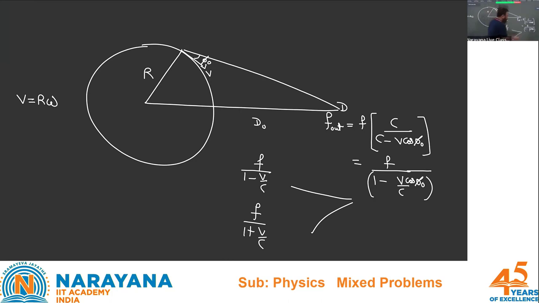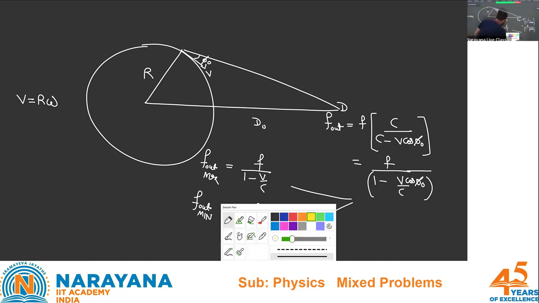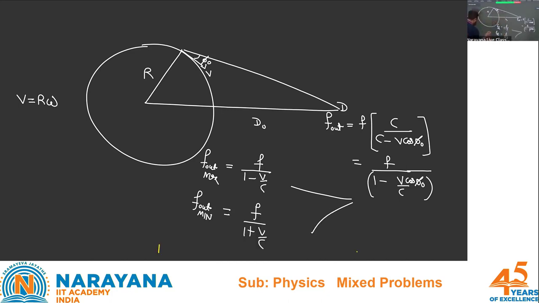More important thing that I need here: remember the f out max and min. This is the f out max apparent term, and this is the f out min term. Now I want to calculate f in max and f in min. Derive a general expression.